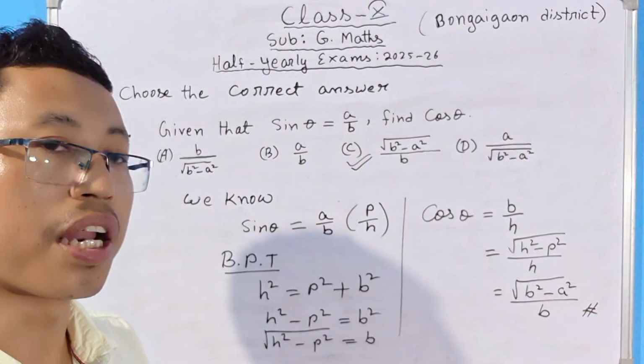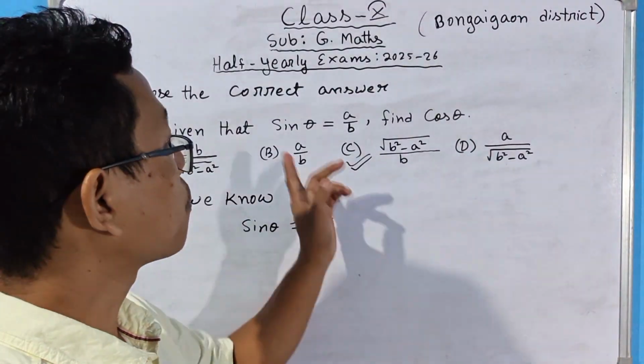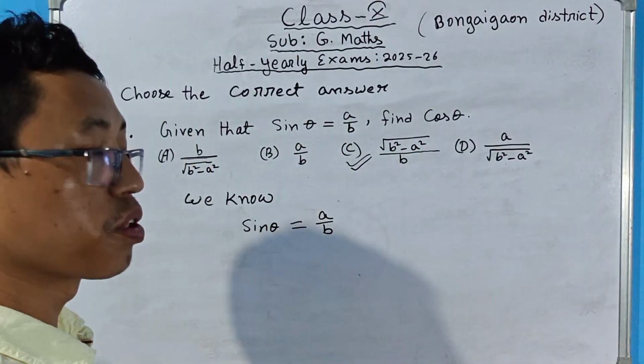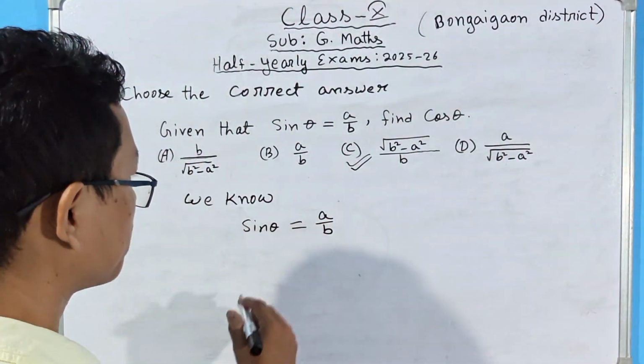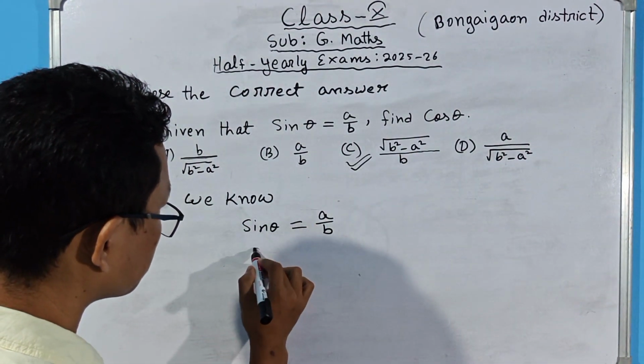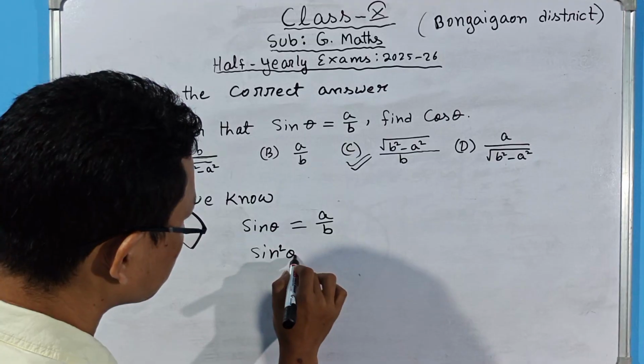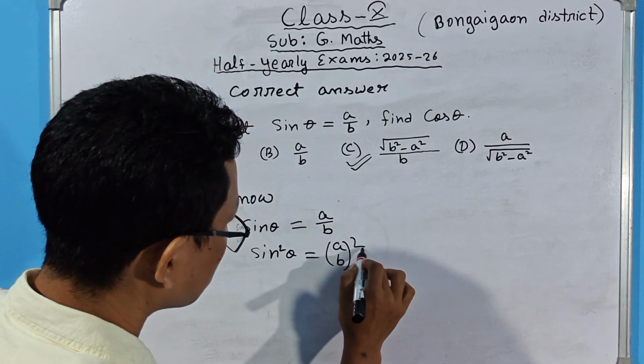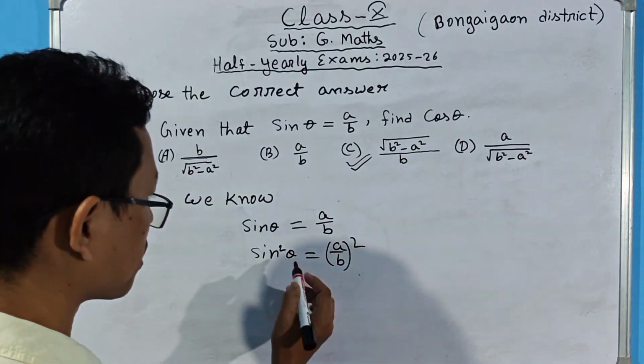Clear? There is another method you can see. Here we have sin theta equals a by b. Clear? Now squaring both sides.